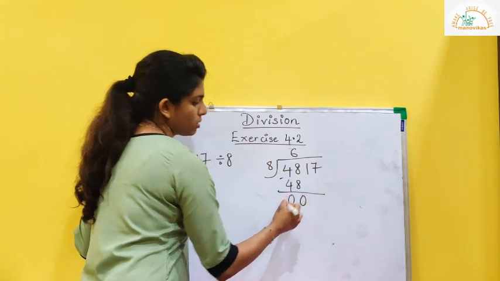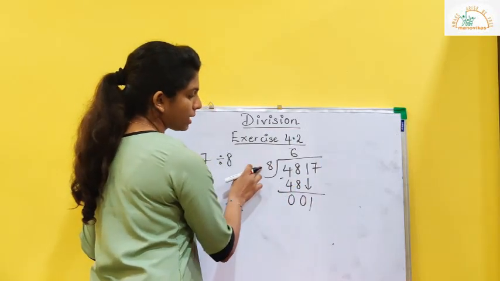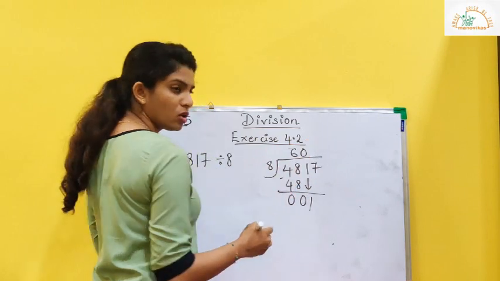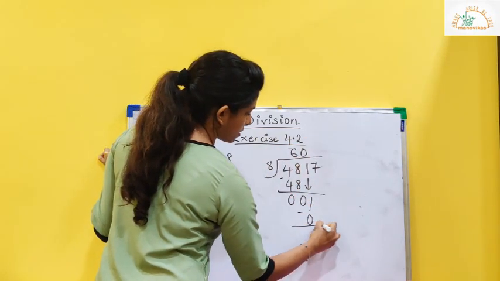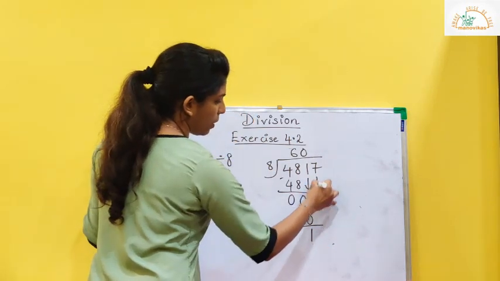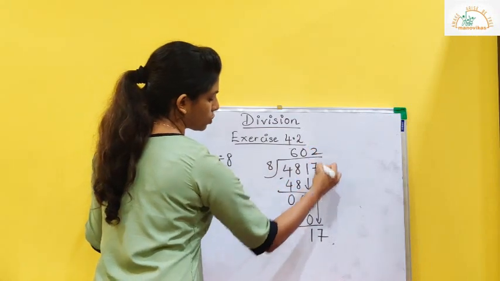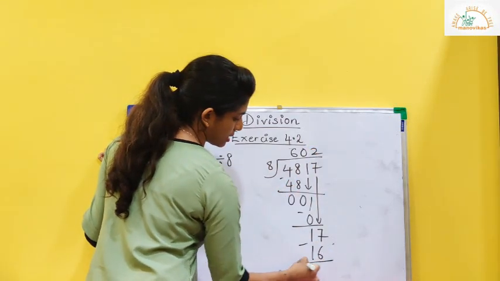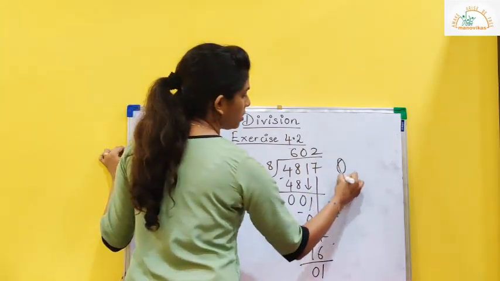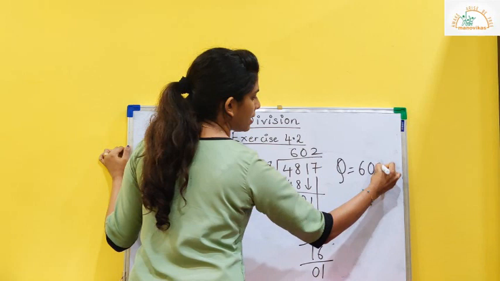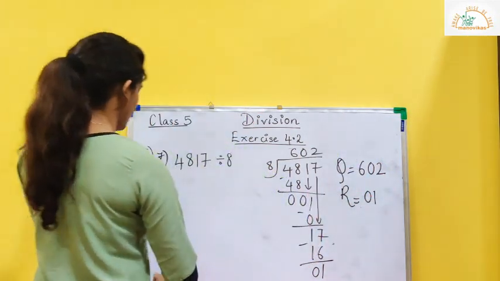This becomes 0 0. I bring down 1. Now 1 is smaller than 8. So I add 0 in the quotient. Okay. And 8 zeros are 0. Again I get 1. Now I bring down 7. So 8 2s are 16. And I get 1. So here the quotient is 602 and the remainder is 01.